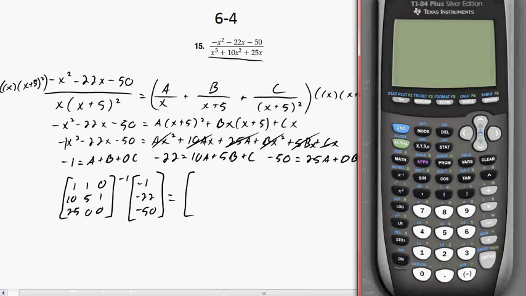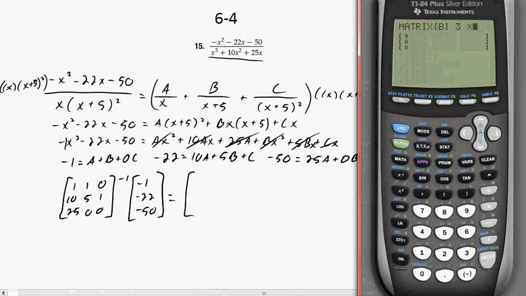And so we go to our handy dandy calculator, turn it on first, then second matrix, edit, 3 by 3, 1, 1, 0, 10, 5, 1, 25, 0, 0. Okay, then go to matrix number 2.